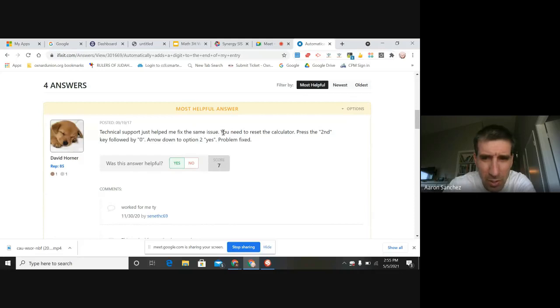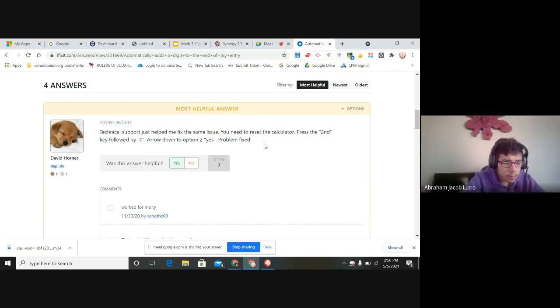You need to reset the calculator. Press the second key followed by 0, arrow down to option 2. Yes, problem fixed. So try that. I just Google it. Arrow down to option, yes.